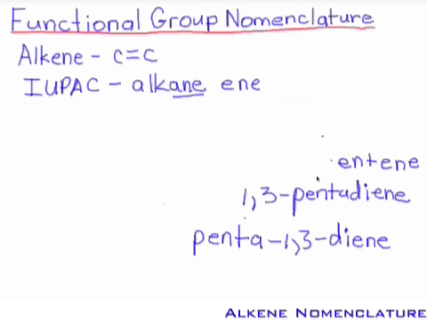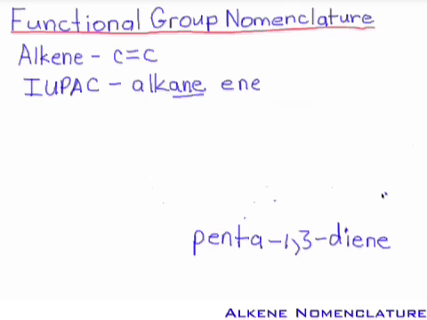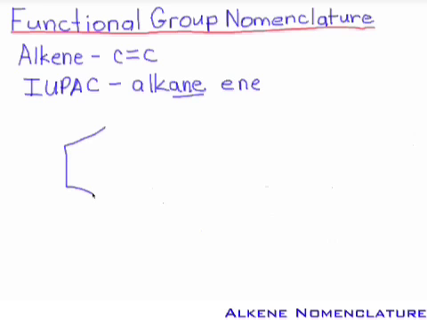How about that? Let's try something cyclic. Okay, how about something like this? 6-membered ring. And let's put a double bond here.